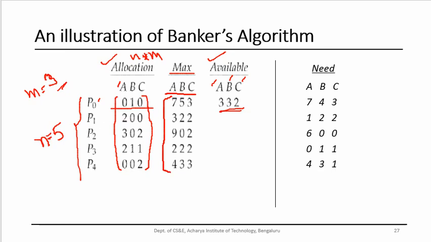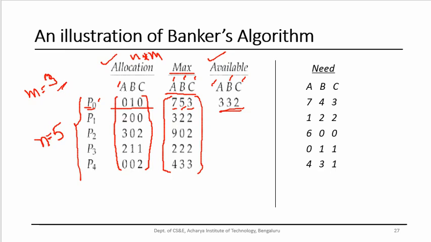That means the process P0 wants a maximum of 7 instances of resource type A, a maximum of 5 instances of resource type B, and a maximum of 3 instances of resource type C. So any request that P0 is making should not exceed the maximum that it has already claimed, since that information is present in the max matrix.